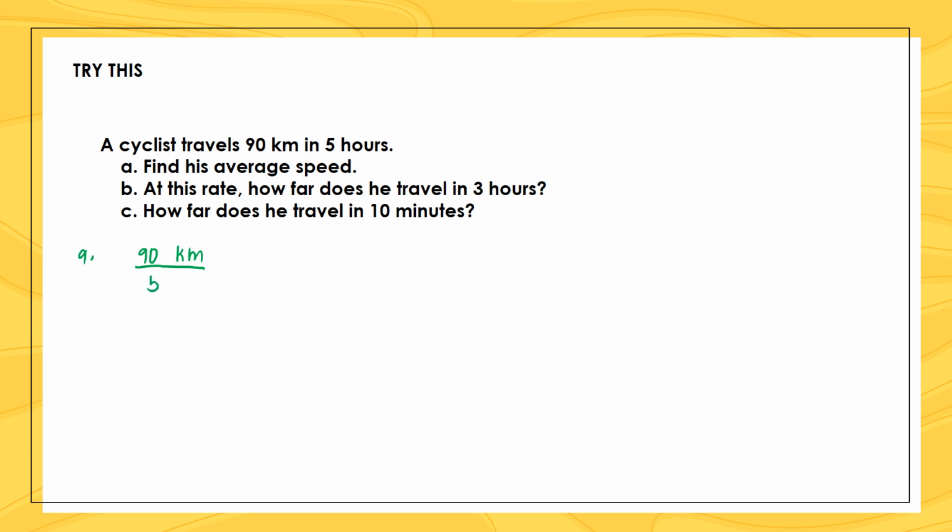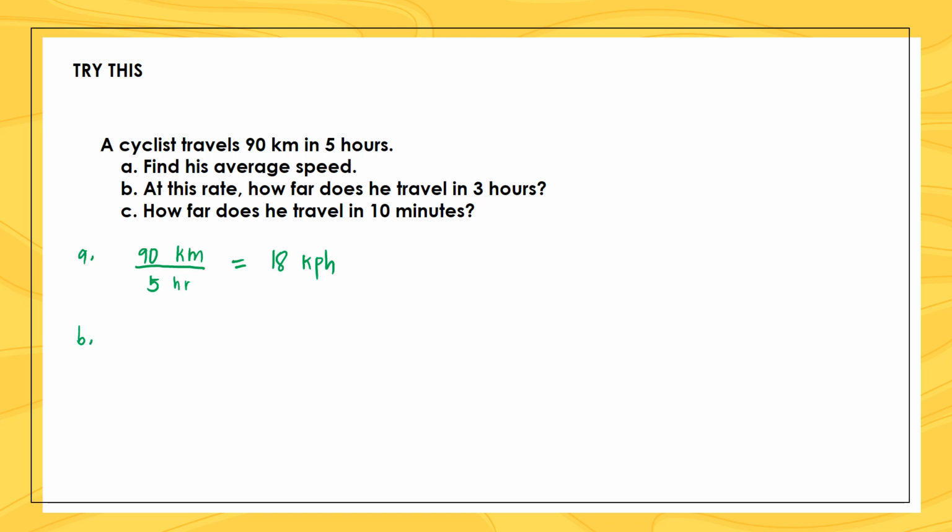He used 5 hours. So 90 kilometers divided by 5 hours will be 18 kilometers per hour. Okay? So this is the average speed of the cyclist, 18 kilometers per hour.